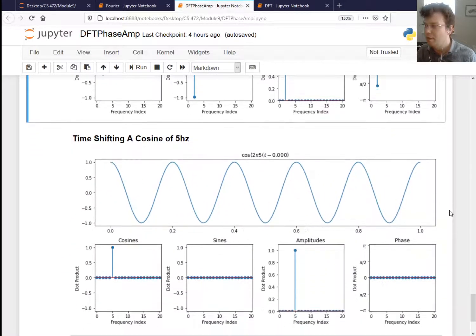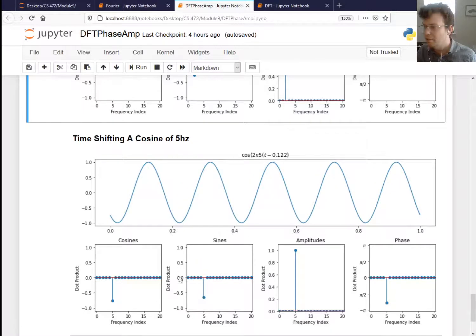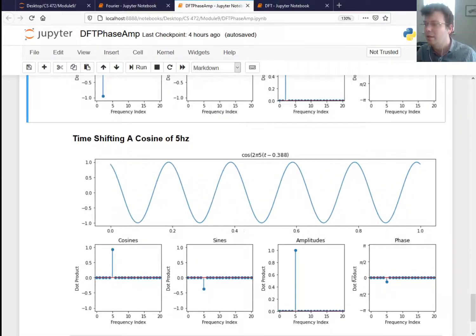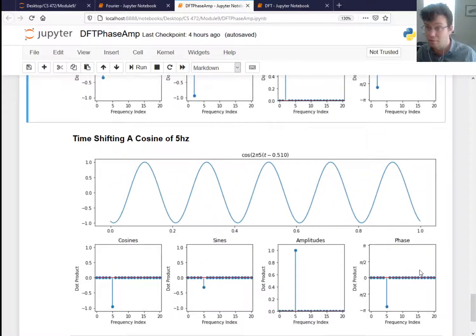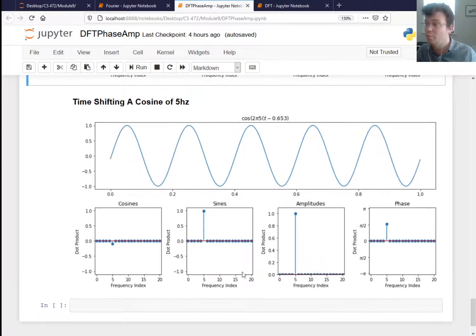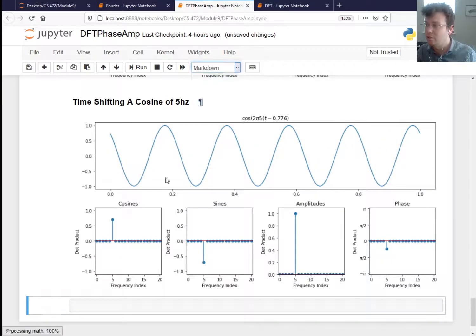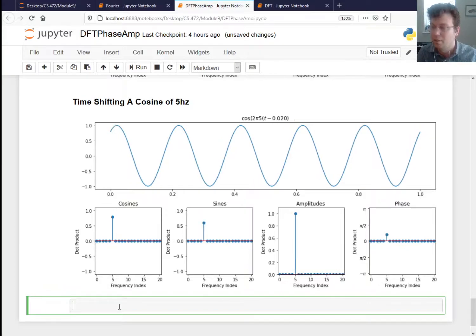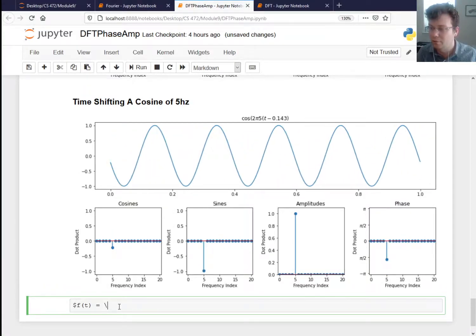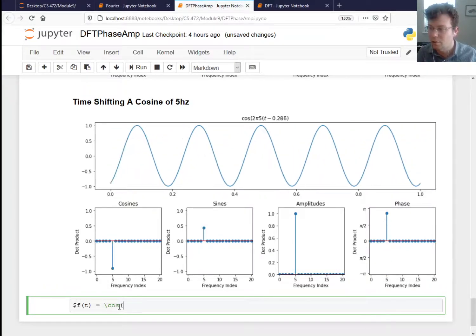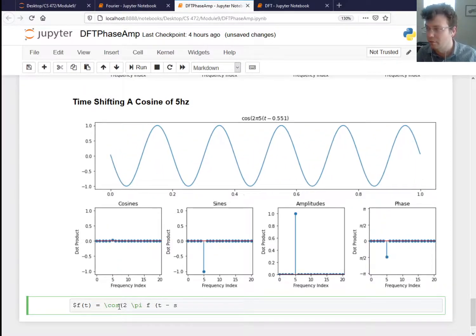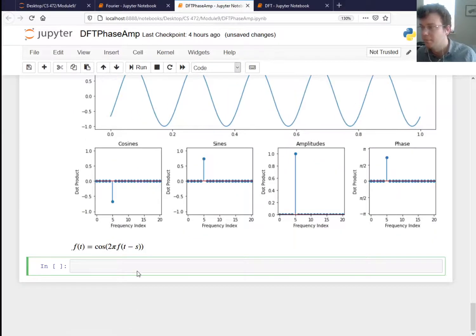I could do the same thing on a higher frequency cosine. So here I see that this is actually index 5. That's going to peak, and actually the phase changes faster here. Because if we go back and look at our equation for shifting over time, f of t is equal to cosine of 2 pi f times t minus my shift, right?